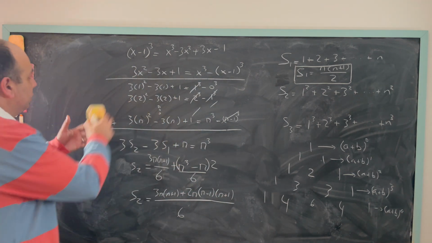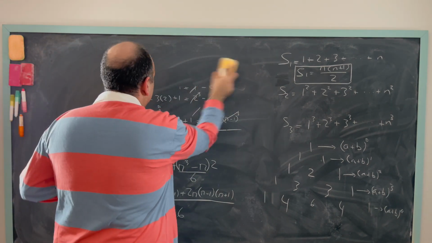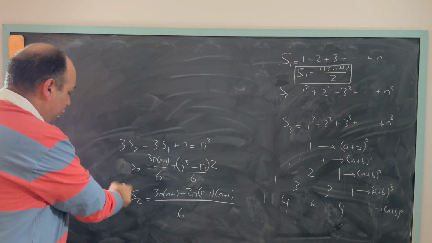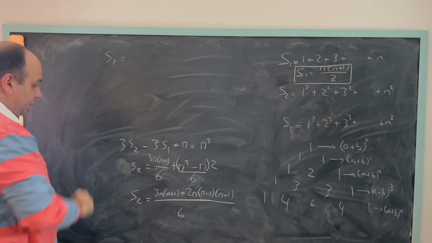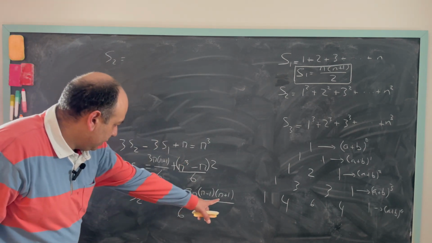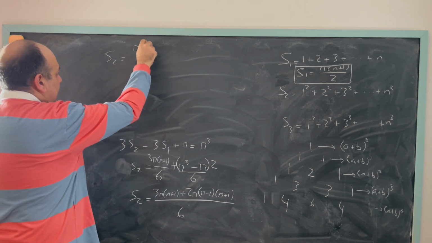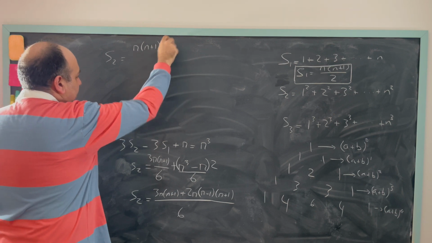Okay, so we will just move on here and see what we get in the end. So s2 becomes, so n plus 1, n plus 1, n here, n here. So I can simply write it as n times n plus 1 in parentheses.